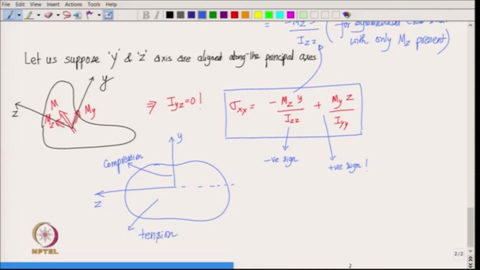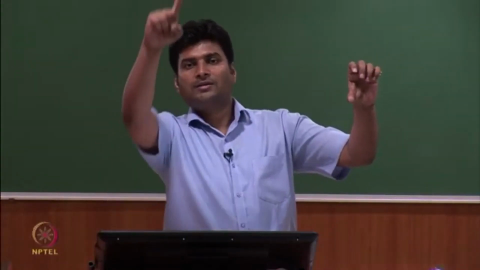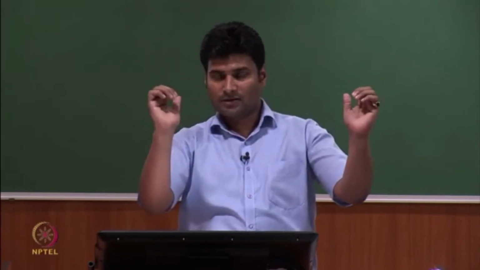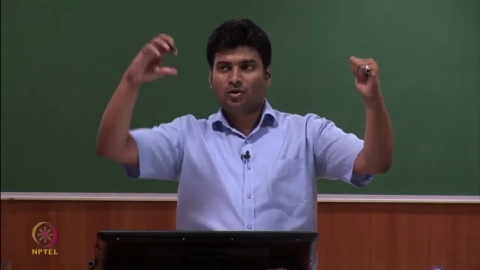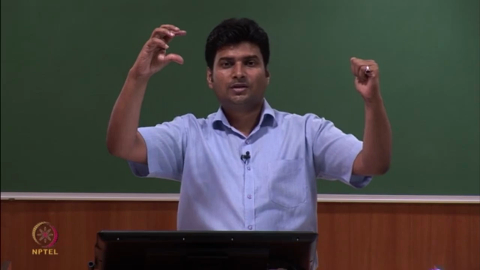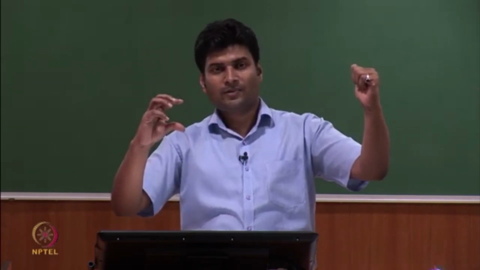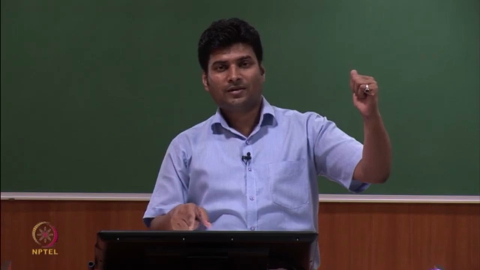So, we have this beam and in the cross section we have y axis and z axis. So, when you apply moment about z axis, the beam bends in this way. So, the top side gets under compression and the bottom side gets under tension. Therefore, we have a negative formula when m z is present, because the positive side has to be under compression.